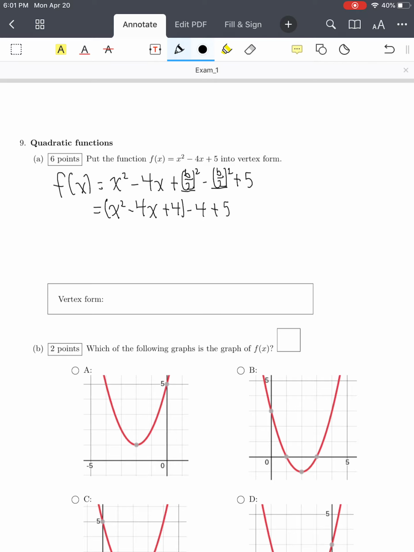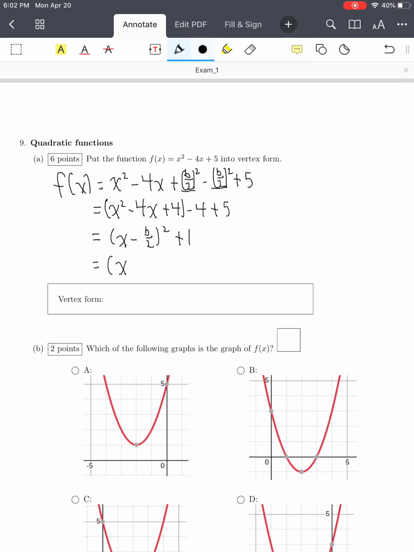And now, by what we've done, everything on the inside makes a perfect square. So the perfect square is always going to be x minus b over 2 squared. And then whatever's left over, negative 4 plus 5 is plus 1.